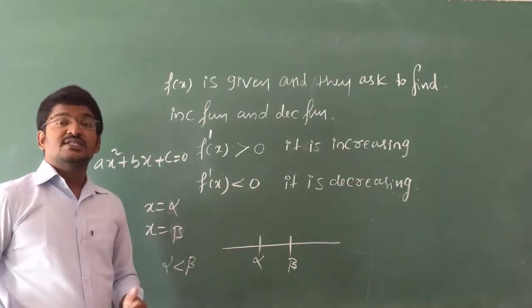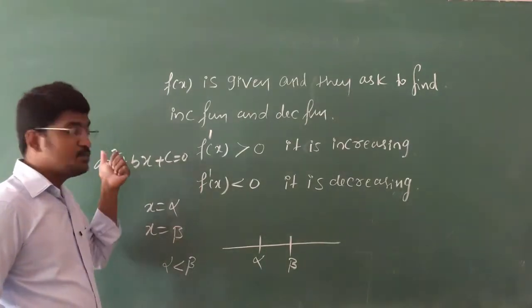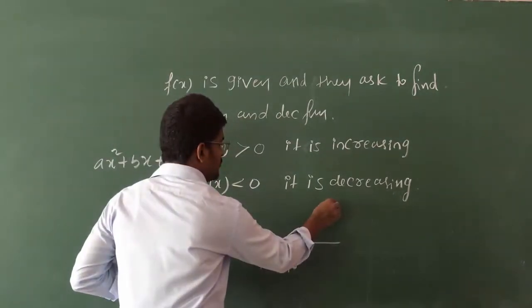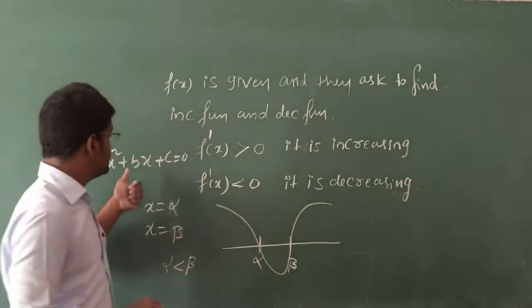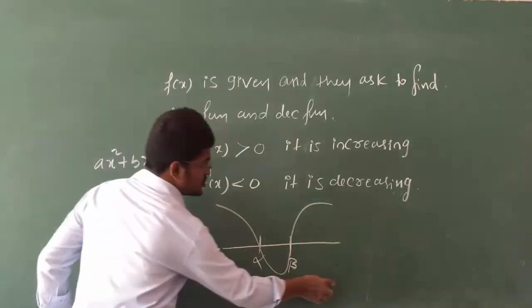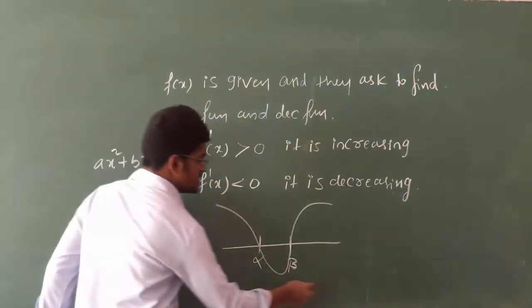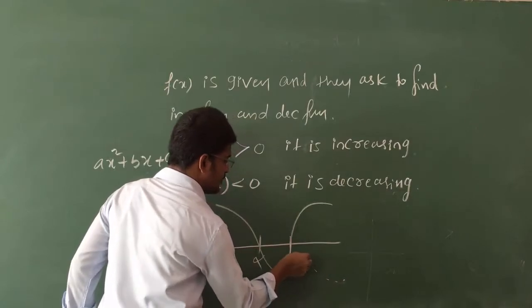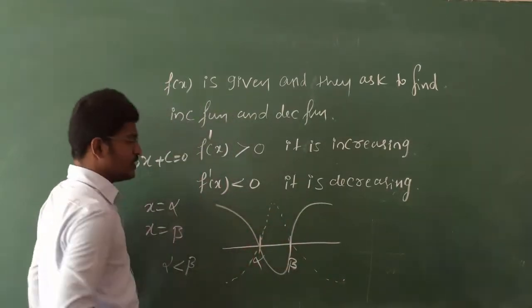By arranging this, again you have to go for this function. Suppose this function is positive, you should start from the positive side. If this function is negative, you have to start from the negative side to draw the curve, that is like this. Clear?